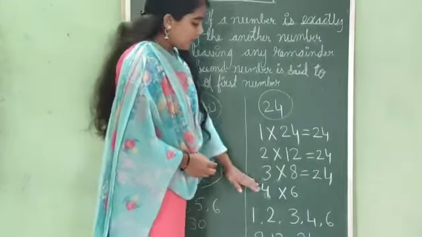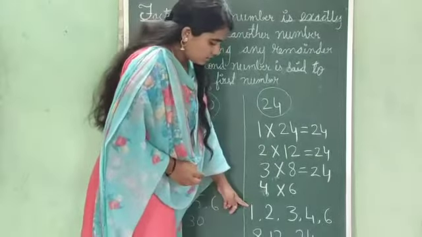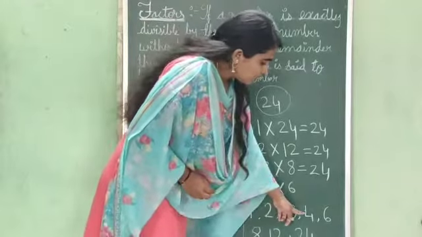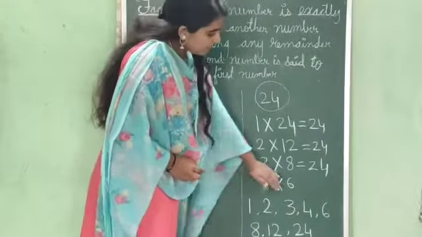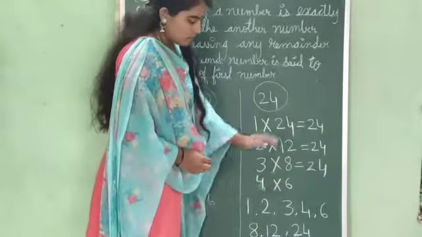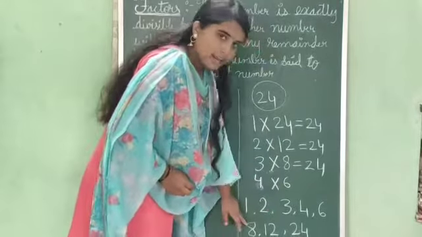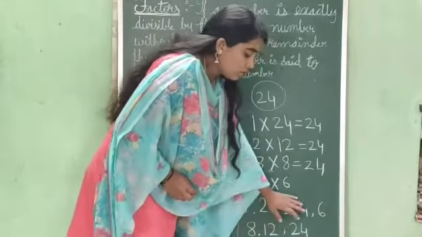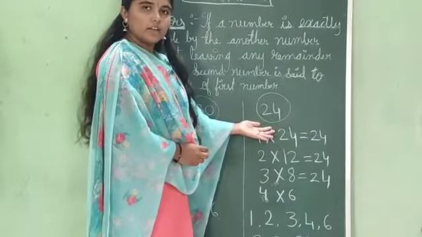Then I have written all these here: first 1, 2, 3, 4, 6, then 8, 12, 24. So these are the factors of 24. Clear? Understood now?